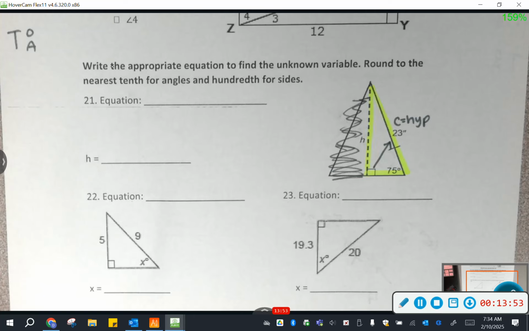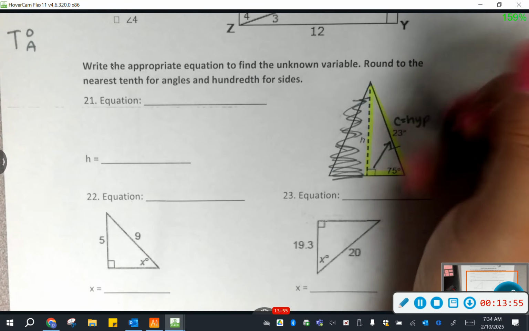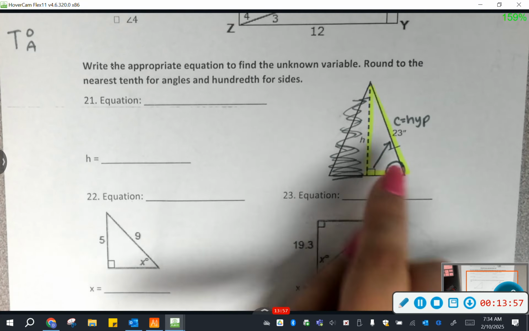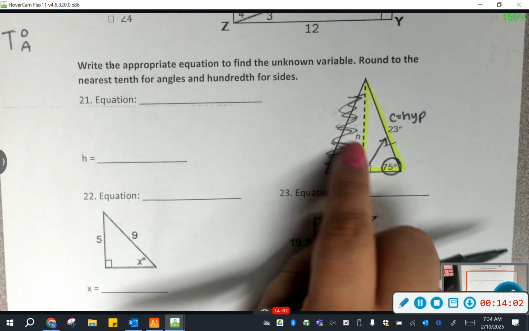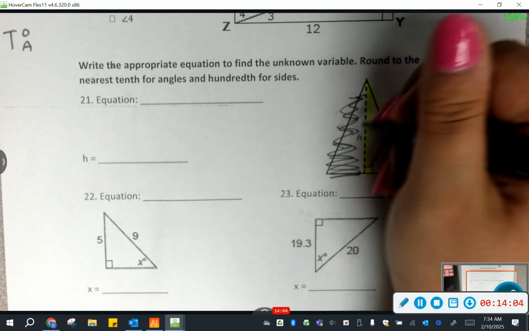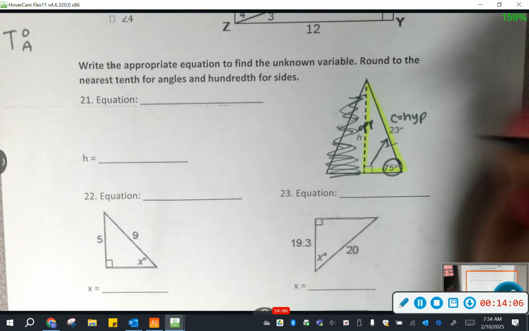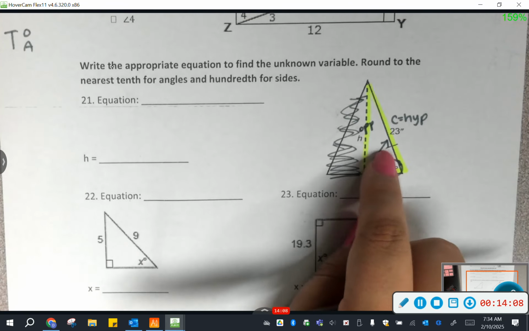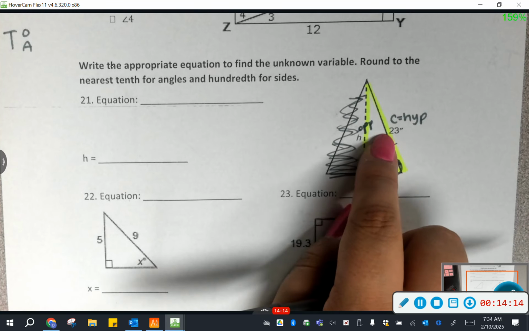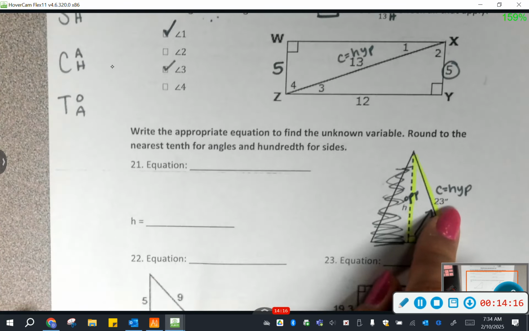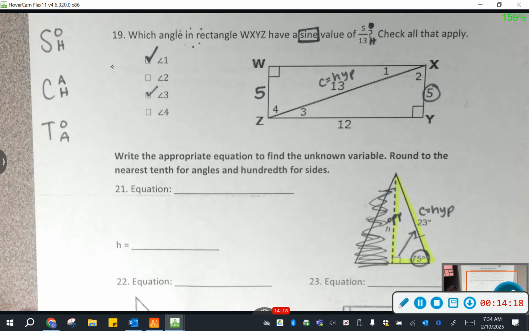Write this down with me, please. You have 75 degrees. How does H compare to 75? It is opposite. A lot of people get those backwards, and they make this one the hypotenuse because it's H. I don't like they use the same letter, but it is what it is. What is opposite and hypotenuse? Is it SOH, CAH, or TOA?